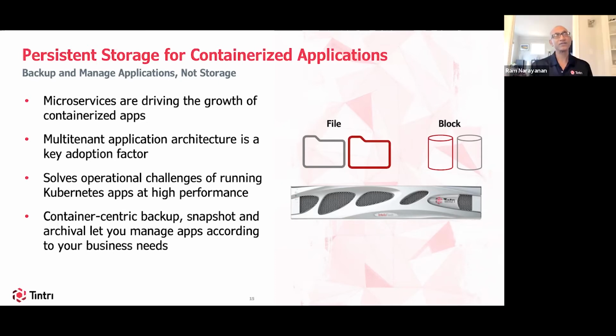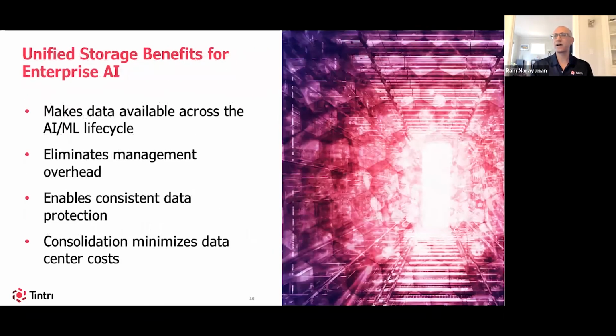Great. This is a good segue into our next topic, which is really the theme for this discussion: unified storage. So Ken, we know that most AI workloads are file-based, but what do we mean by unified storage, and why is it important for AI and other modern enterprise workloads?